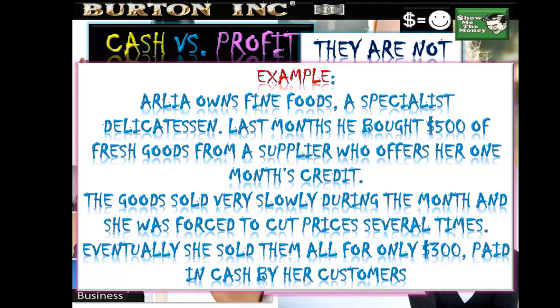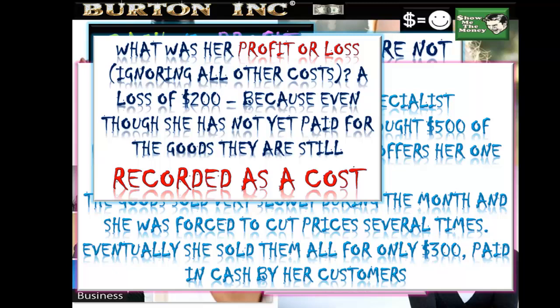So we can see for that month she's had a positive cash inflow. $300 came into the business, no money left the business, but it's definitely not profitable. So profit or loss, she lost $200. Even though she's not paid for the goods, they're still recorded as a cost. Now that's key. Recorded as a cost.